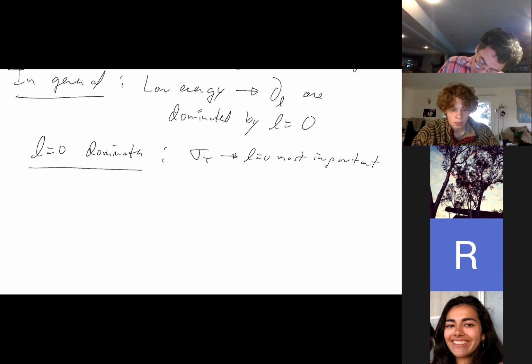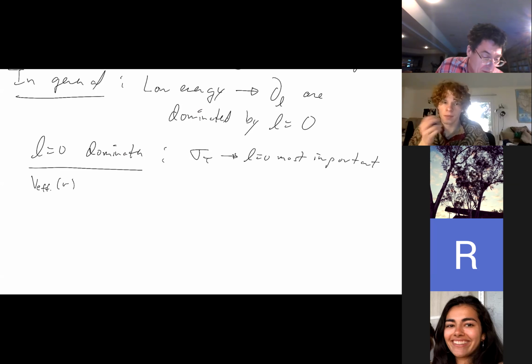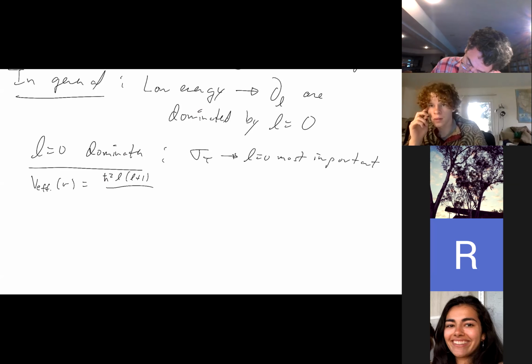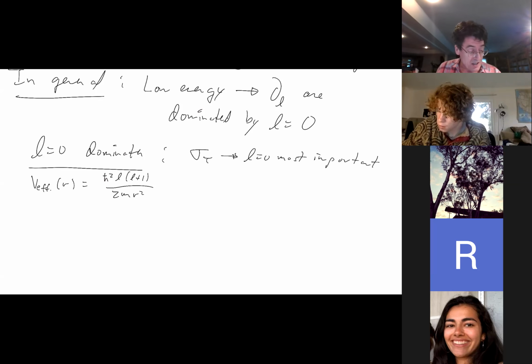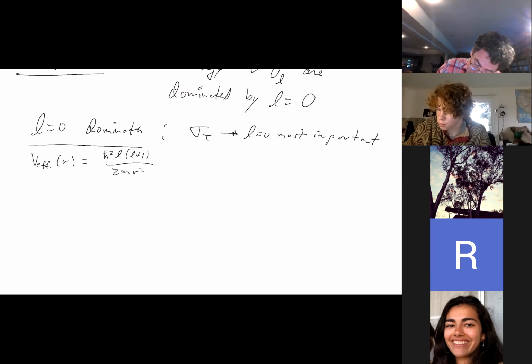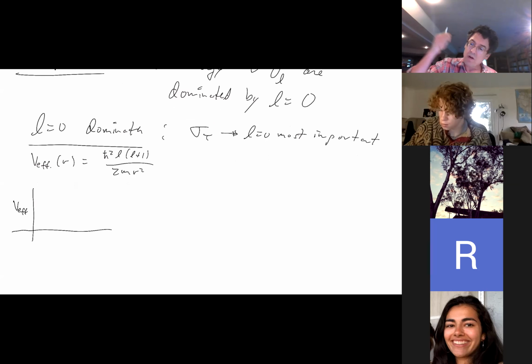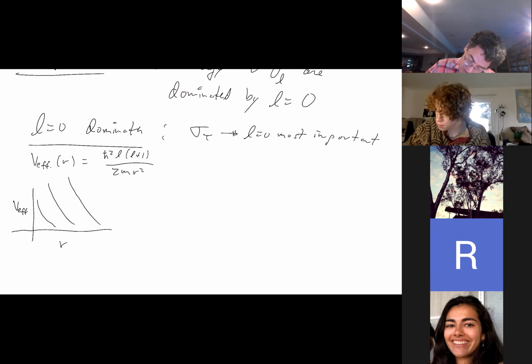have to remember that we have the effective potential. The effective barrier is h bar squared L times L plus 1. And it goes back to that rock on a string physics, because if you're spinning a rock on a string, then the effective potential felt by the rock looks like this as a function of r, and as the angular momentum gets bigger, the potential gets bigger.